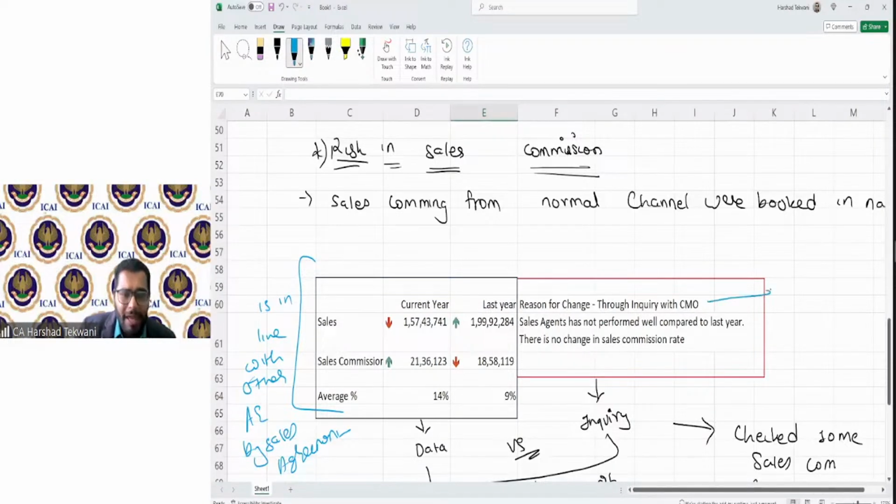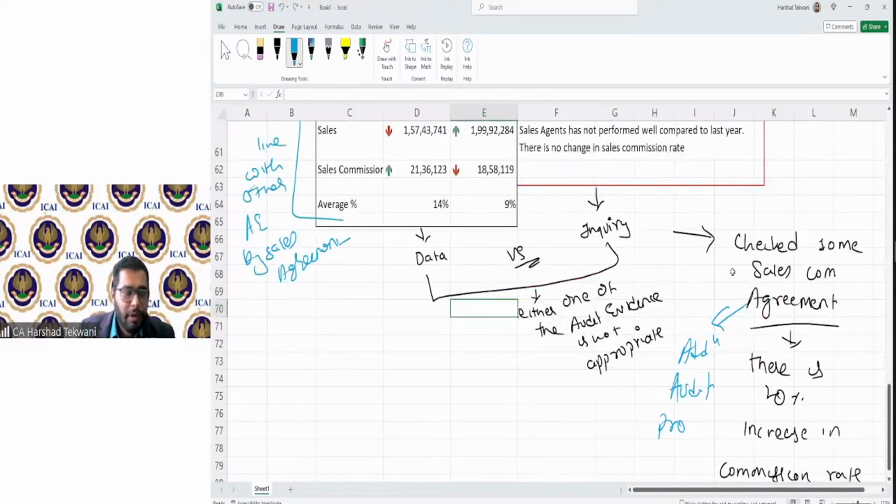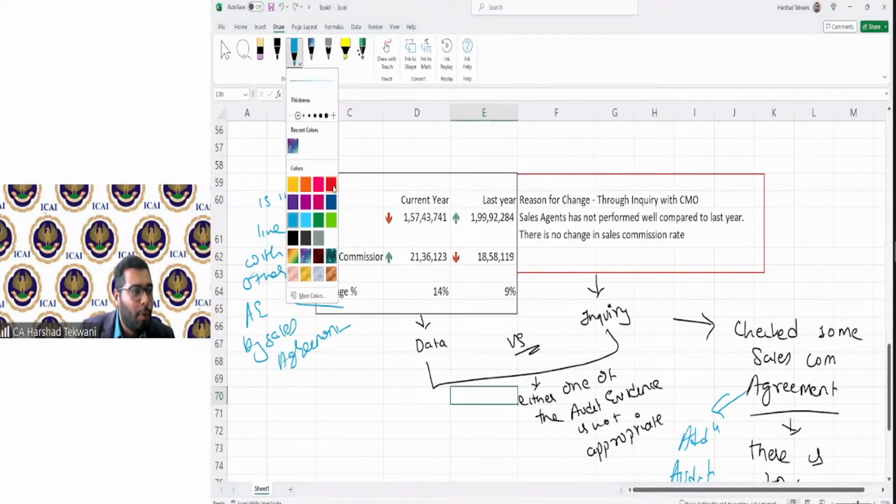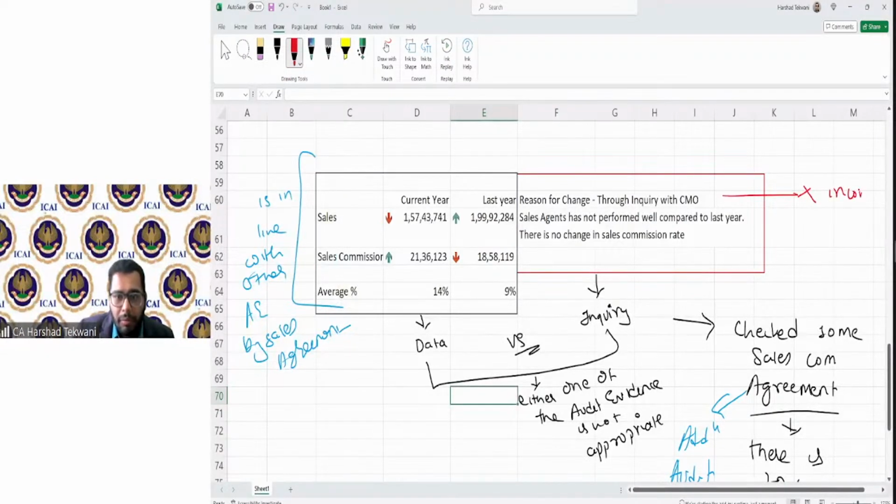It means this inquiry is incorrect. If this inquiry is incorrect, or the person has not provided me the accurate data, I cannot rely upon the inquiries performed with the CMO. I need to go back and ask why you provided me wrong information when I did an inquiry with you. This becomes not reliable, and I need to change my audit procedures accordingly.